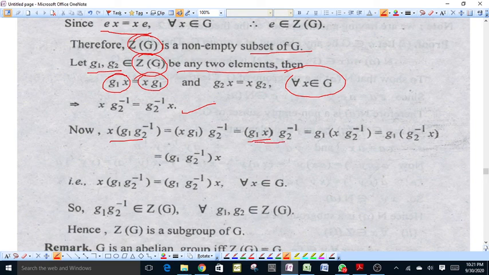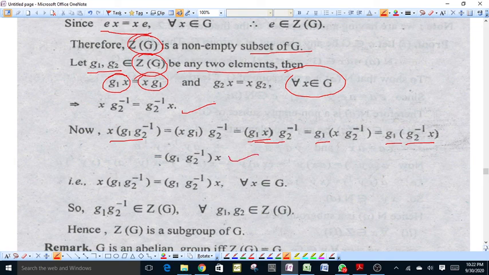This can be written as g1 (x g2 inverse) by using associative law, and again this will be equal to g1 (g2 inverse x) due to the property of center of group. Again this will be equal to g1 g2 inverse x.